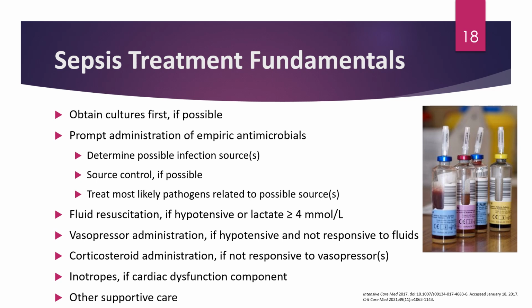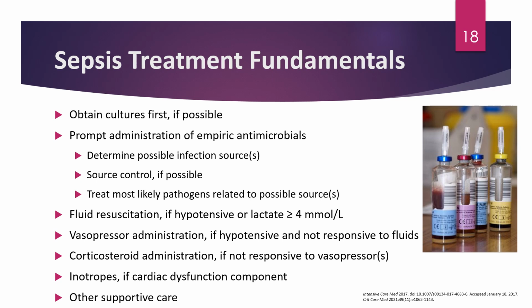We want to always give fluid resuscitation if the patient is either hypotensive or their lactate is greater than 4. Some places will also do fluid challenges if the lactate is greater than 2, because we want to lower that lactate to the point where we're shifting the body back to an aerobic metabolism setting. If we need to, we can administer vasopressors if the patient is hypotensive and not responsive to initial fluids.